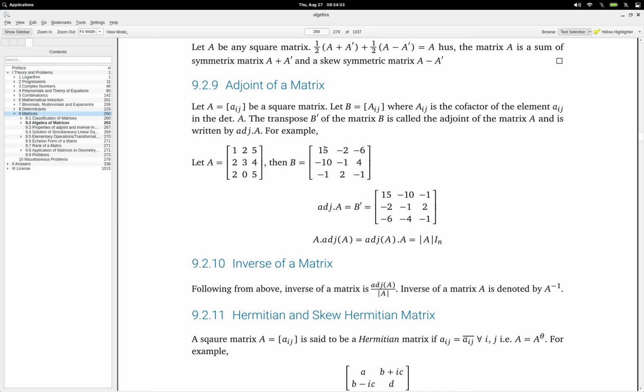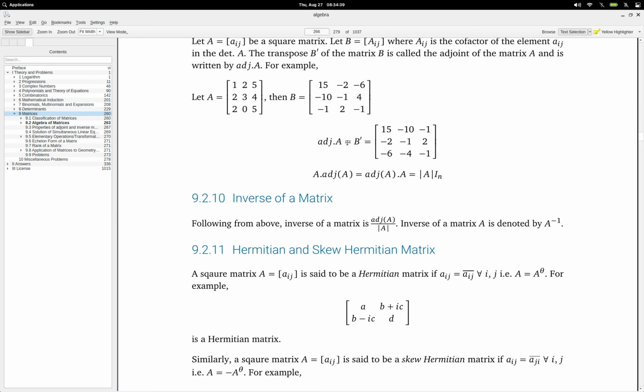Then B is 15, minus 2, minus 6, minus 10, minus 1, 4, minus 1, 2, minus 1. And adjoint of A is the transpose of B, that is minus 15, minus 10, minus 1, minus 2, minus 1, 2, minus 6, minus 4, minus 1.